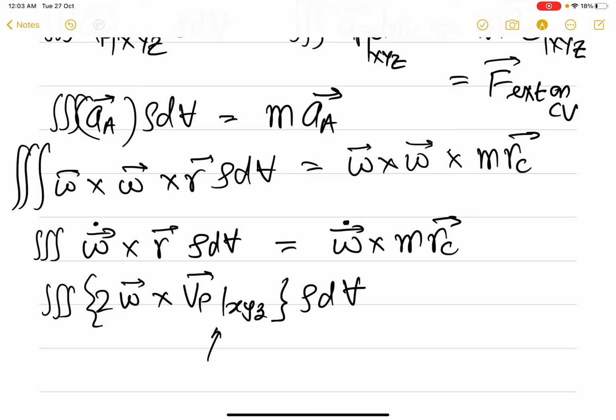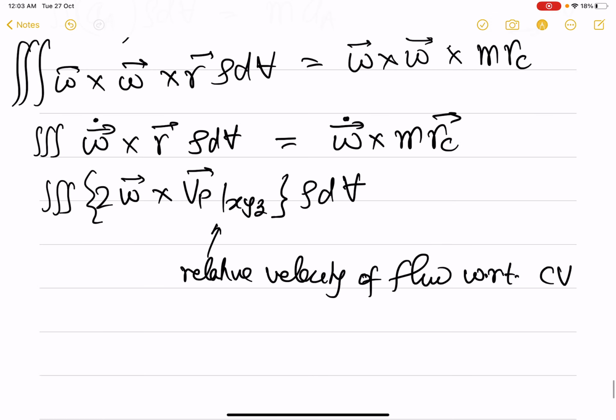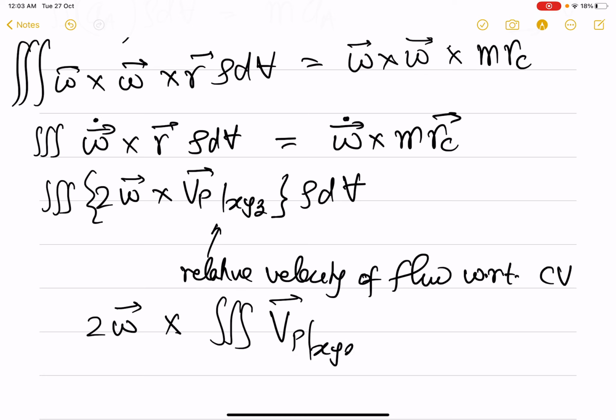This is the relative velocity of the fluid with respect to the control volume. Omega can go outside the bracket, so this will become 2 omega crossed with the integral of V_P with respect to small xyz rho dV.